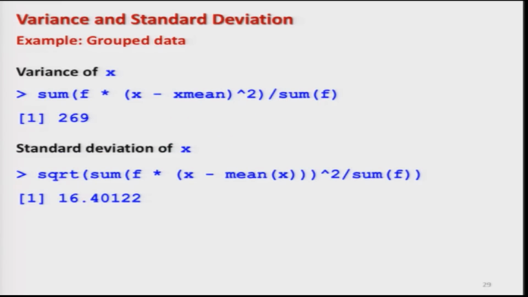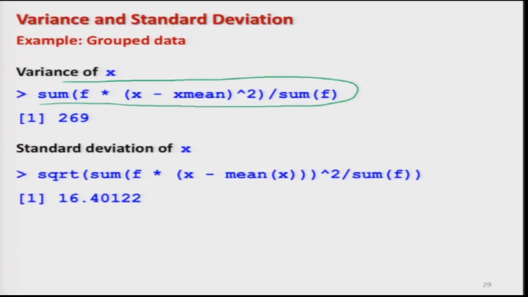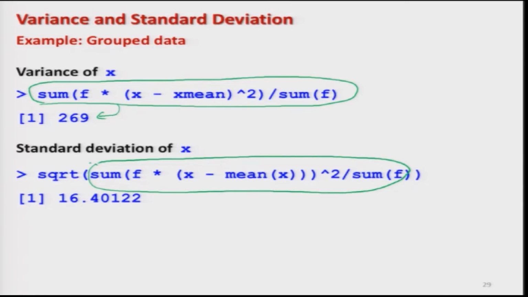Now, I use the command or syntax that we defined earlier with the given set of data, and this gives me the value 269, and if I find the standard deviation of this quantity, this will give me the value of the standard deviation in this case.